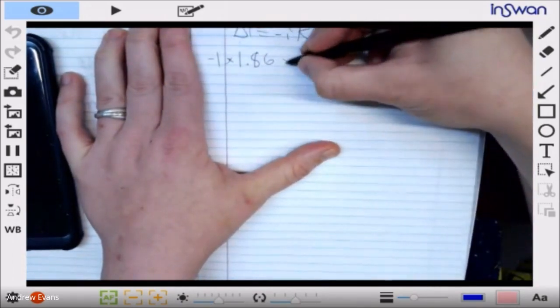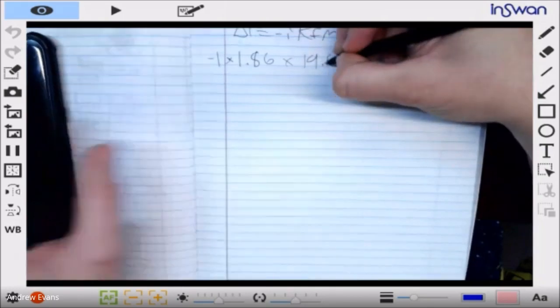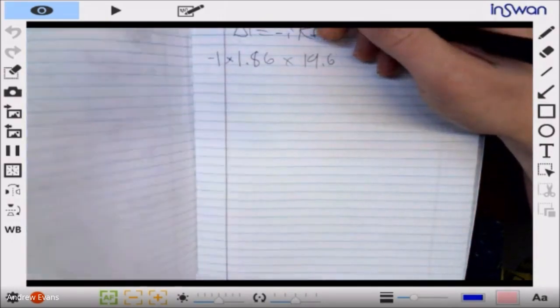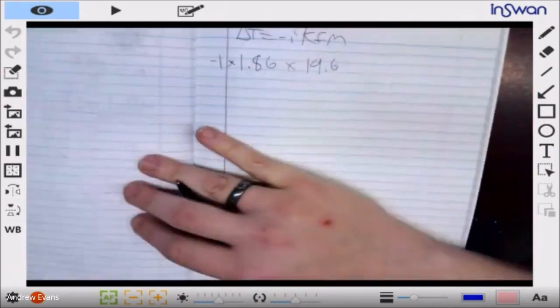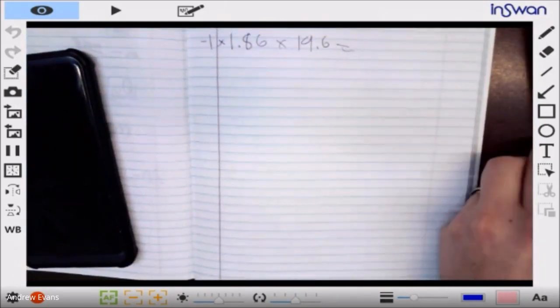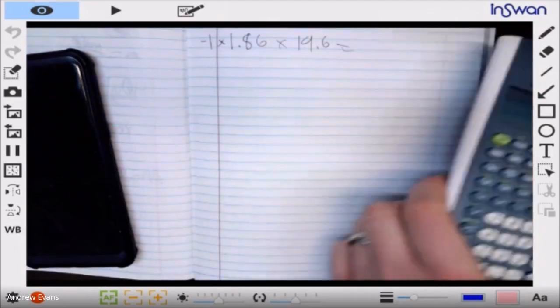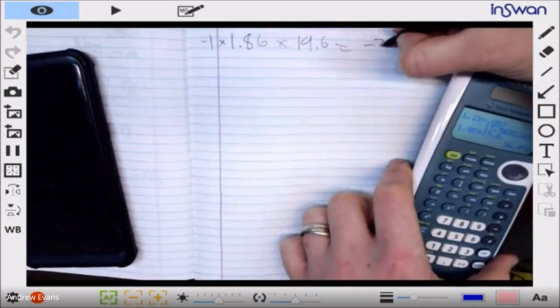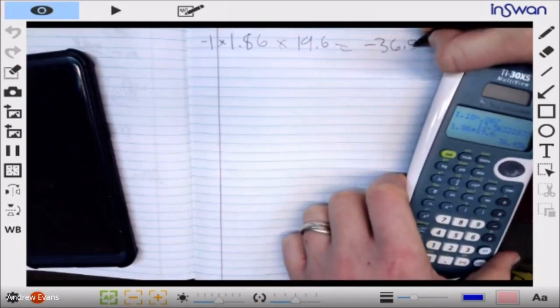We had 19.6. So the freezing point is negative 36.5 degrees.